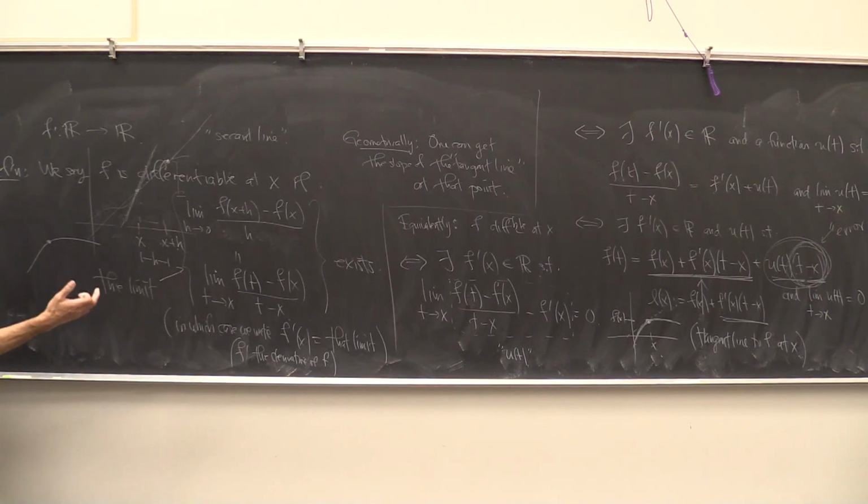As you zoom in closer and closer, your function may very much not be a line at all, but it becomes more and more line-like. Whereas with something like this, no matter how far you zoom in, it never becomes line-like.